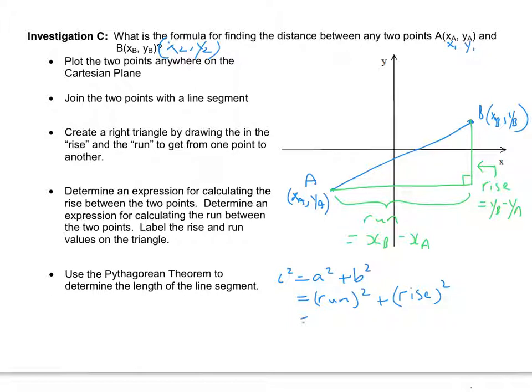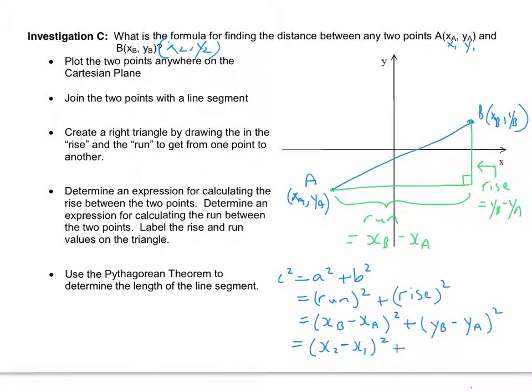Now run, we know from when we calculated slope back in those fun grade 9 days, is my xb minus my xa, all squared. And my rise is my yb minus ya, all squared. Or for those of you who like the 1's and the 2's, it could be x2 minus x1 squared. You'll see this in textbooks sometimes.